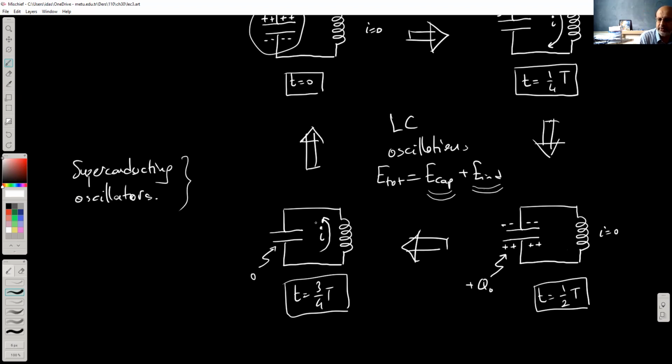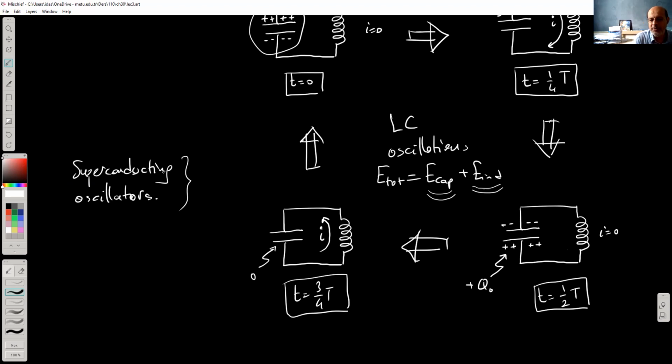If there's a resistance, then of course the energy will get lost and the oscillation will die down. They don't want that, so that's why they are building this out of superconductors. So this LC oscillator is not an entirely imaginary thing, and in reality, we can construct these kinds of things, no problem.